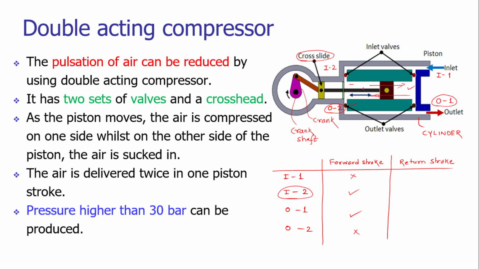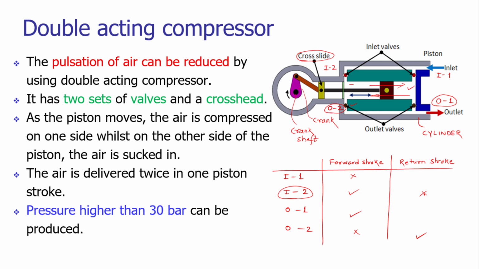During the return stroke, from the top dead center to the bottom dead center, that is from right to left, the outlet valve 2 will be opened. Pressurized fluid or pressurized gas will come out from the outlet valve 2. As the outlet valve 2 is opened, the inlet valve 2 will be closed.